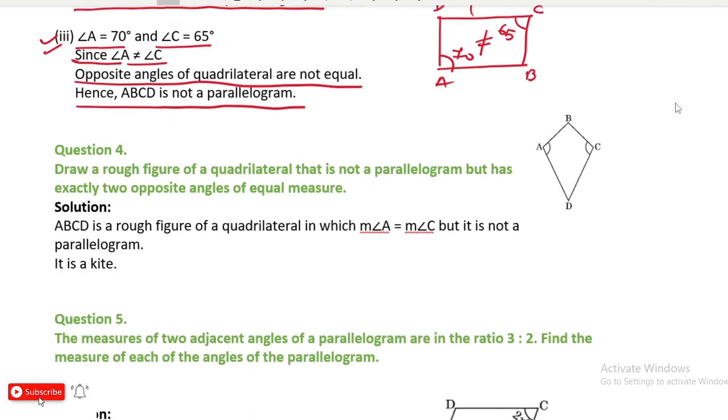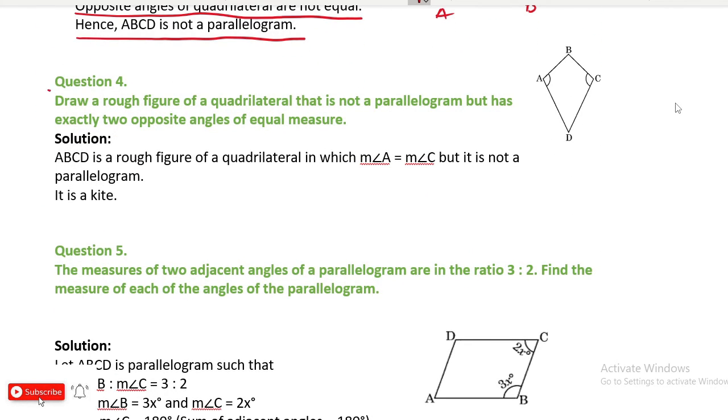Now the next question, question number 4. Question number 4 says: draw a rough figure of a quadrilateral that is not a parallelogram but has exactly two opposite angles of equal measure.